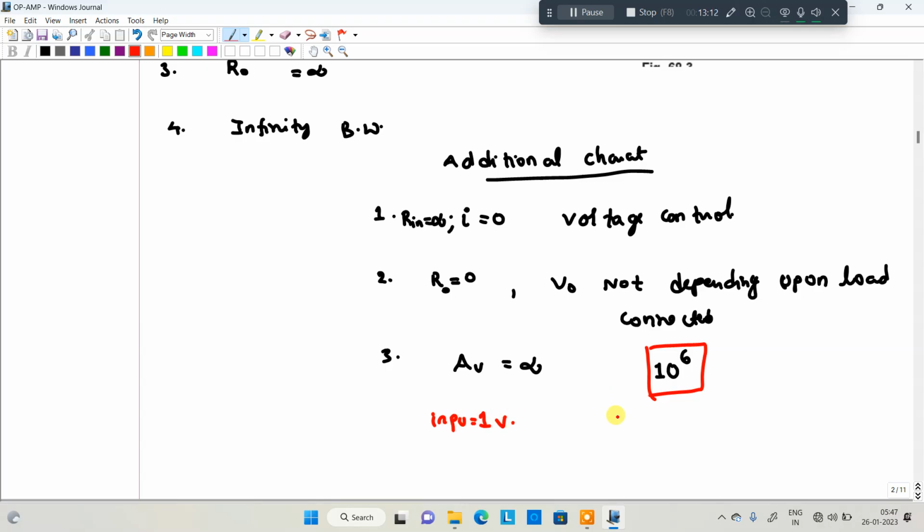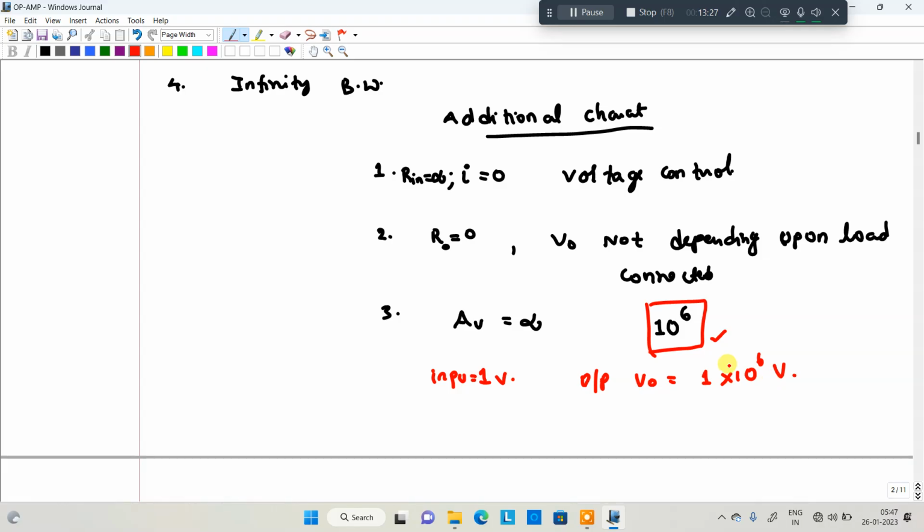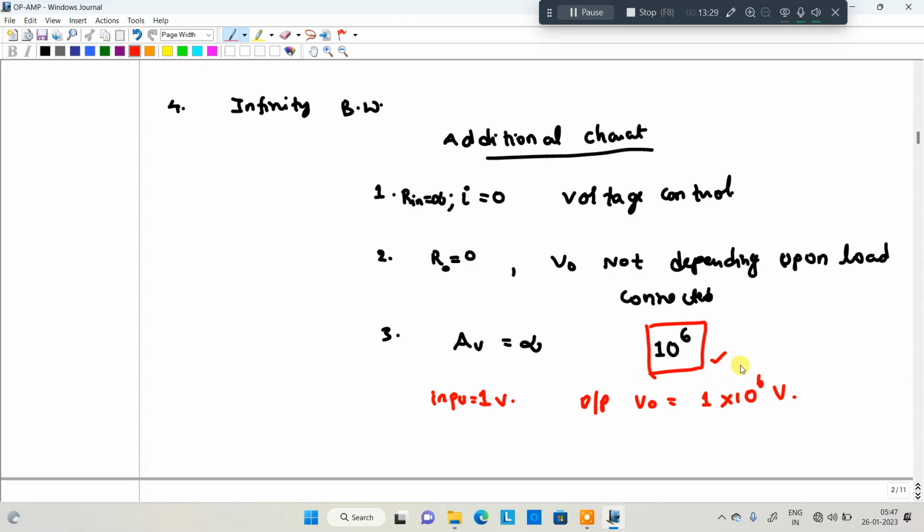What you expect is an output of 10 to the power of 6 times, V0 equal to 1 into 10 power 6 volt. Practically it is impossible, right? How can you make 1 volt into 10 power 6 volt? It is not possible.